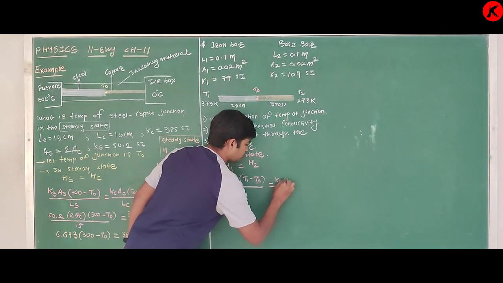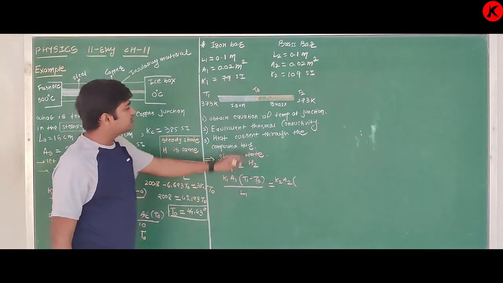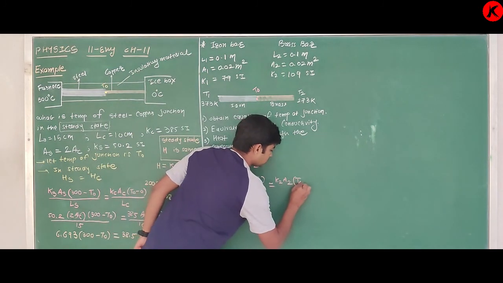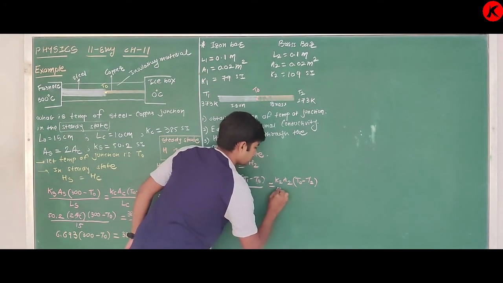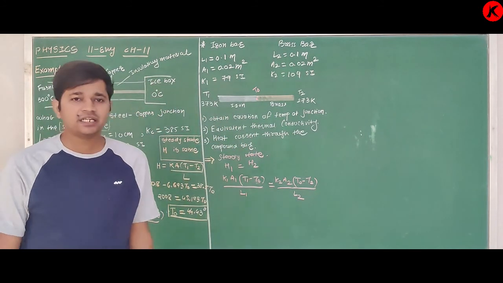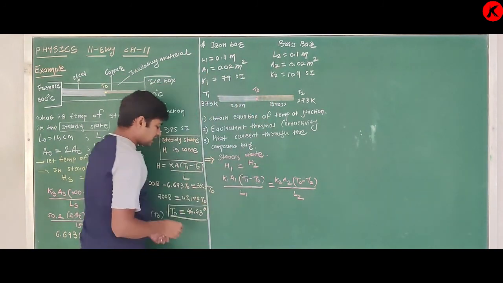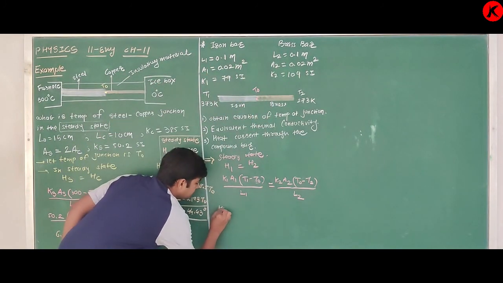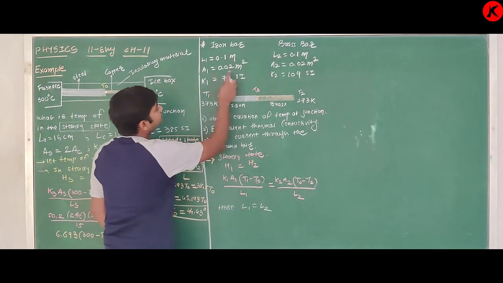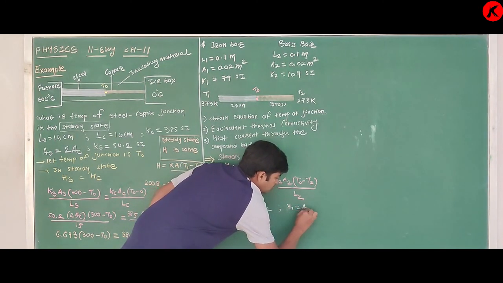Obviously it is K2 A2 times T0 minus T2 divided by L2. Now in the given data, L1 and L2 are the same, so L1 is equal to L2. Also, A1 is equal to A2.